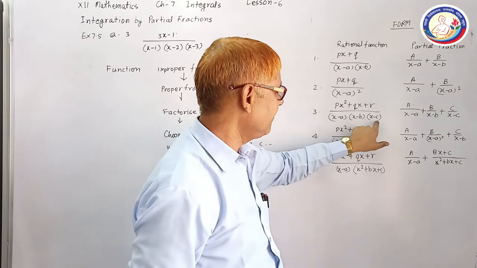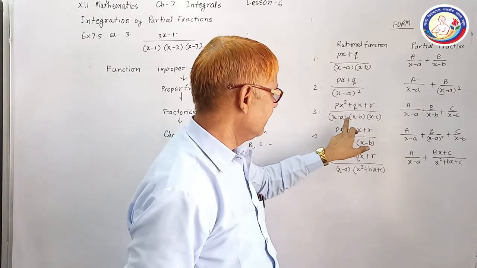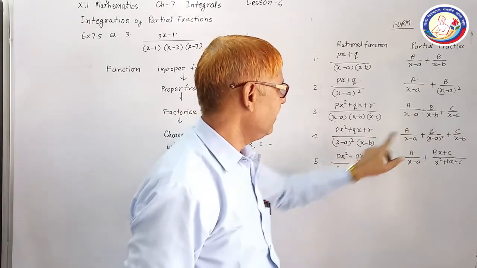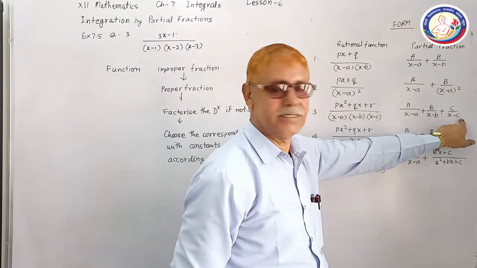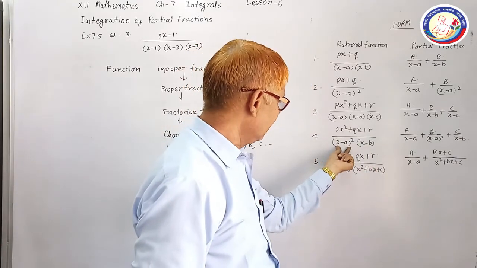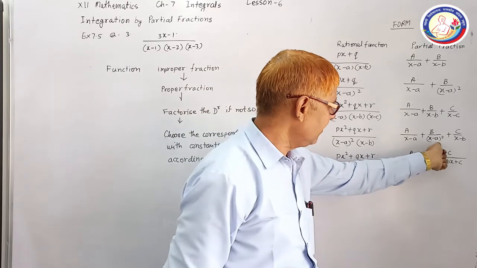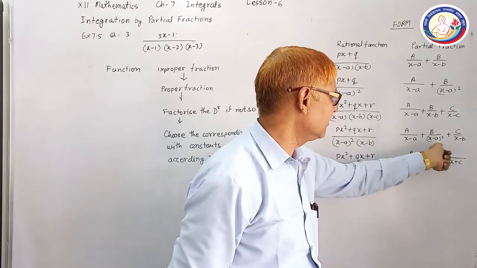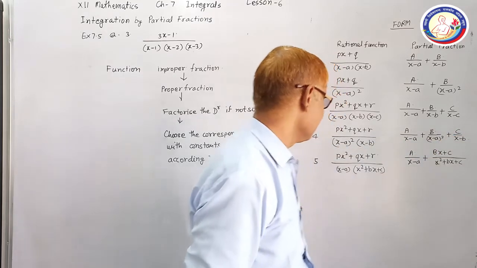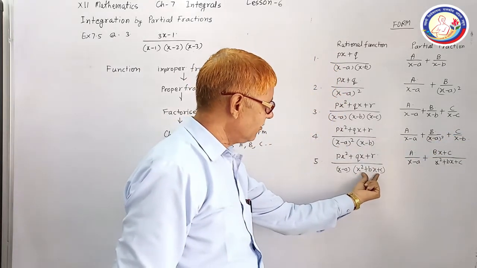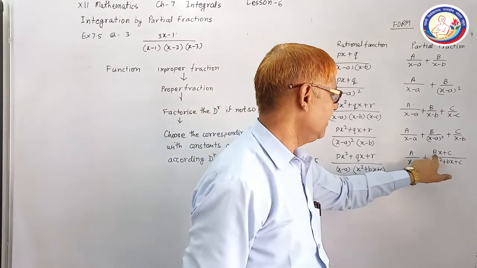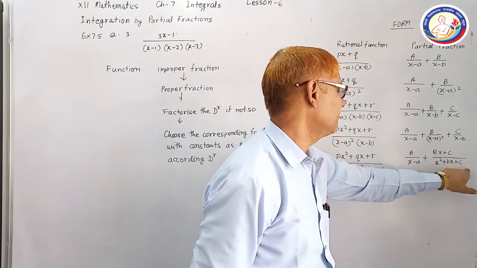If there are three simple factors of the denominator, this will be the way to express in partial fractions. And if two factors are repeated, there will be two parts for this: A upon x minus a, B upon x minus a square, and then C upon x minus b. And if this part is not factorizable, then for this we will write (Bx plus C) upon (x square plus bx plus c).